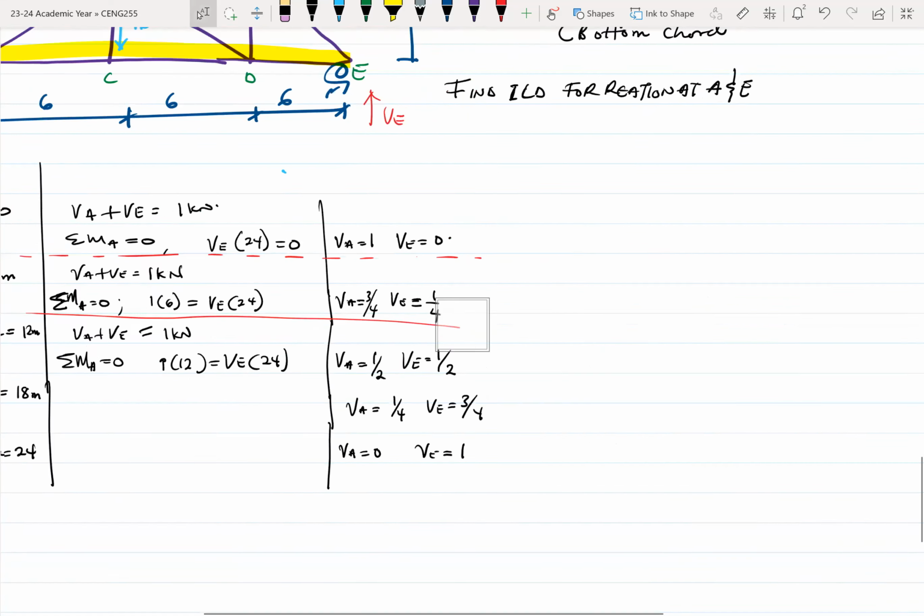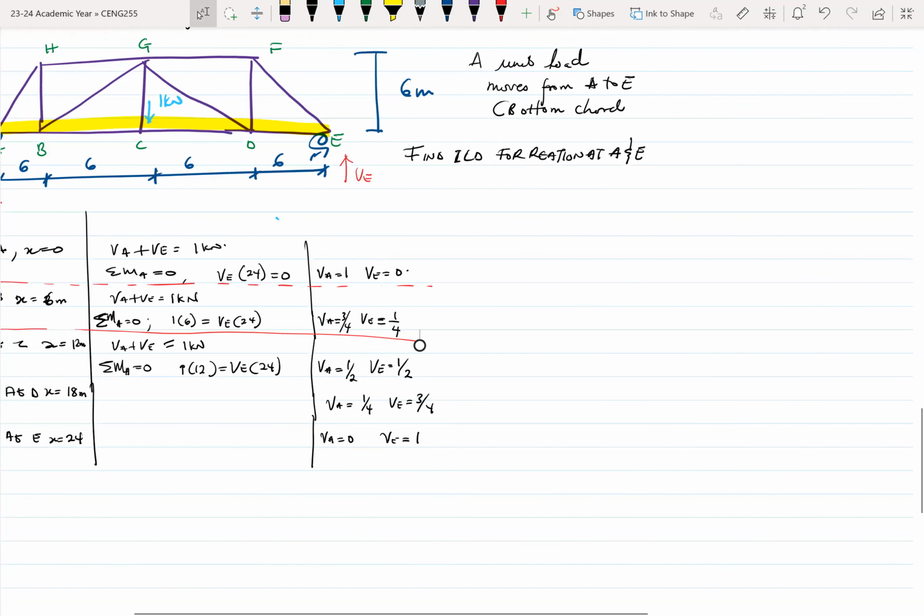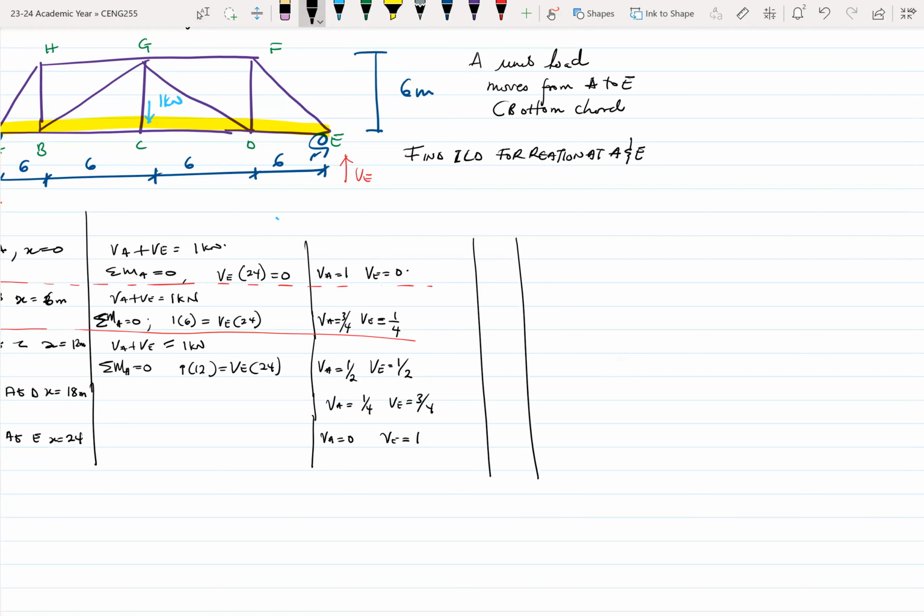So I can write a nice table from here on. Let's put a nice table together, right? So this is our X, and these are VA, and these are VE.